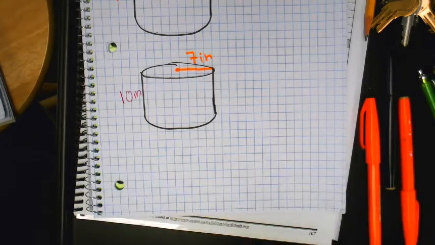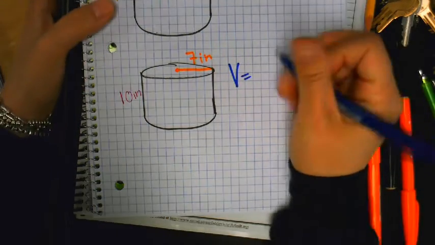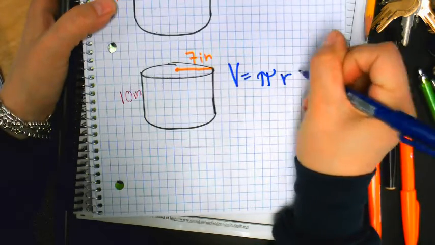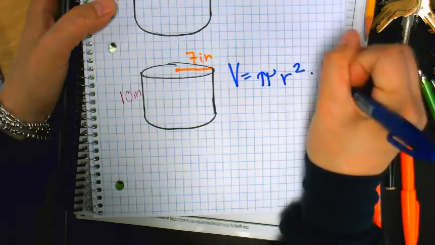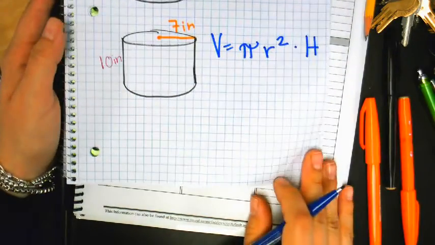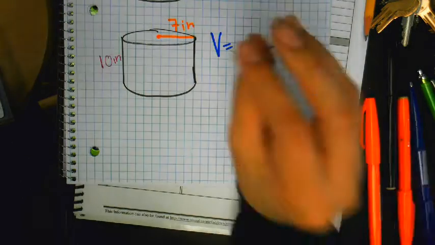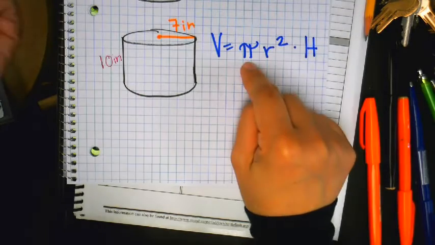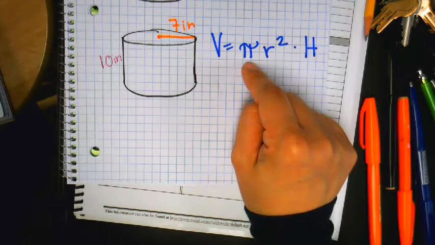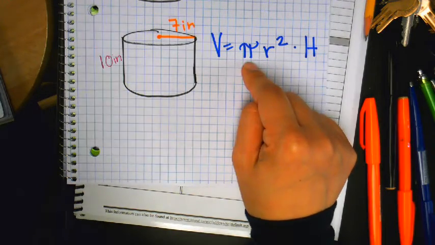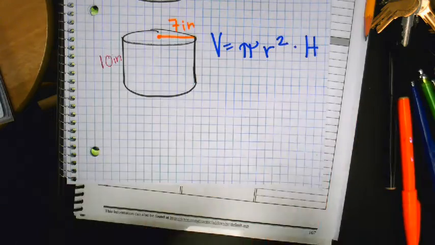So volume is equal to pi r squared times your big height. So let's start plugging in numbers. Should everybody in the classroom know what pi is? Yes, you should be able to. What is pi equal to?